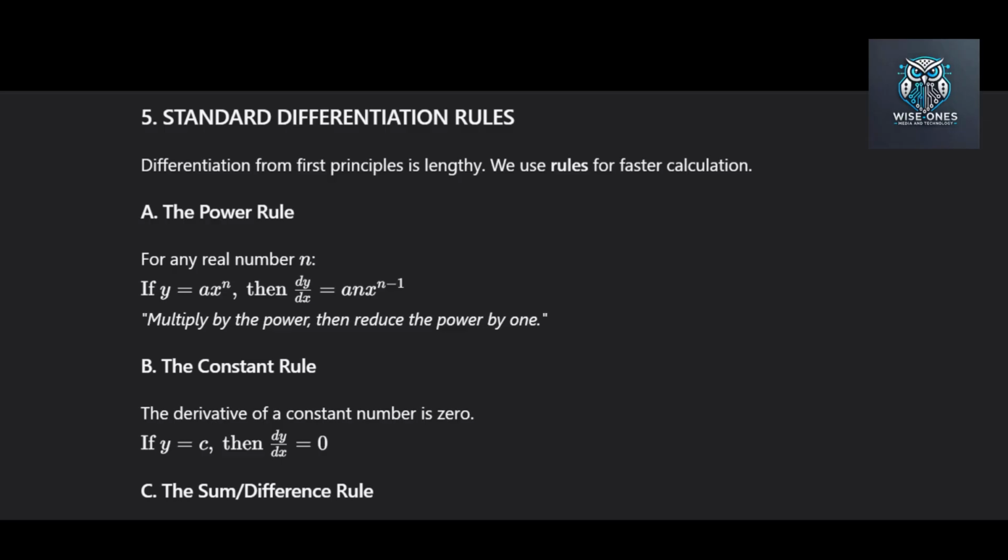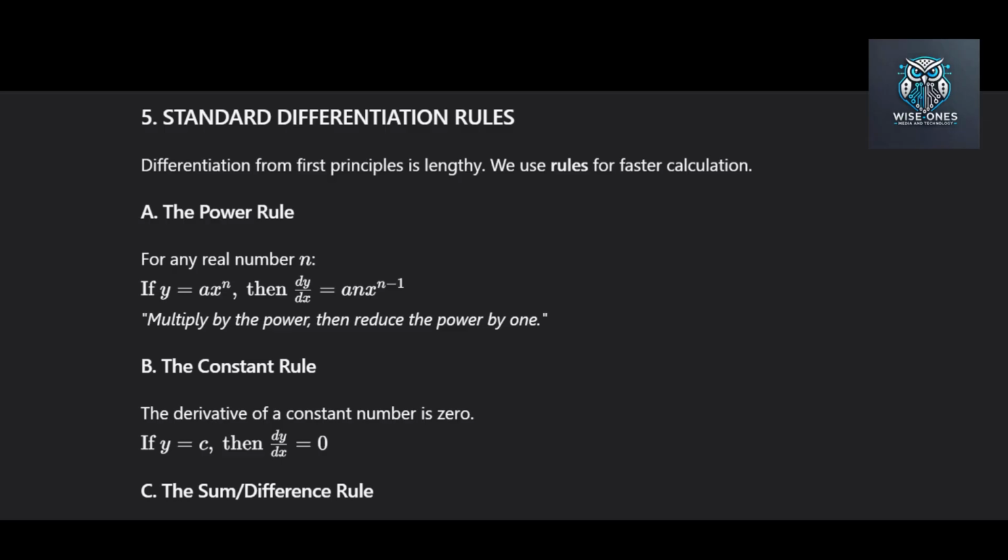Number 3, y equals 7. 7 is a constant number. It has no x. So the derivative is 0. dy/dx equals 0. Number 4, y equals 3x squared minus 5x plus 2. We differentiate each term. First term, 3x squared, bring down 2. 3 times 2 is 6.